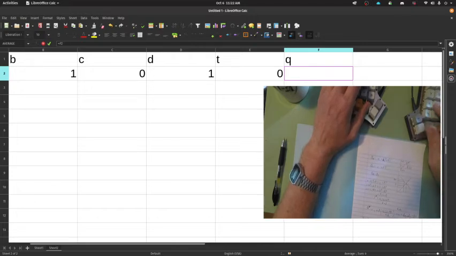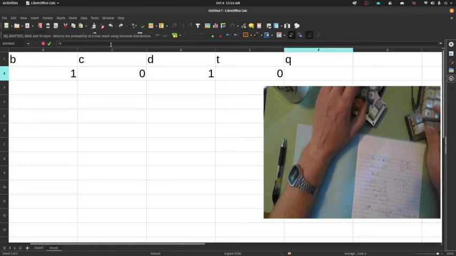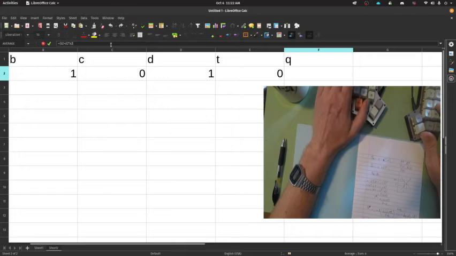Our quantity is... why is this not showing up nicely? All right, I'll try and be relatively quick while I'm doing this. So it's going to be B2, in parentheses, B2 plus D2 times A2.